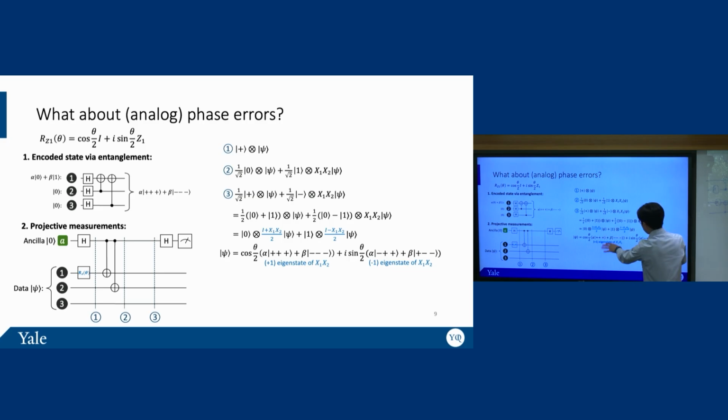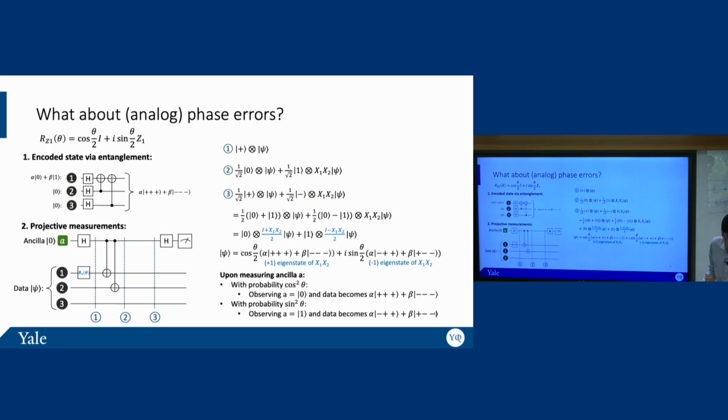So that's like a superposition of the phase flip error or no error. Upon measurement of the ancilla qubits, I know I will perform this action, which is a projector, on my state psi.